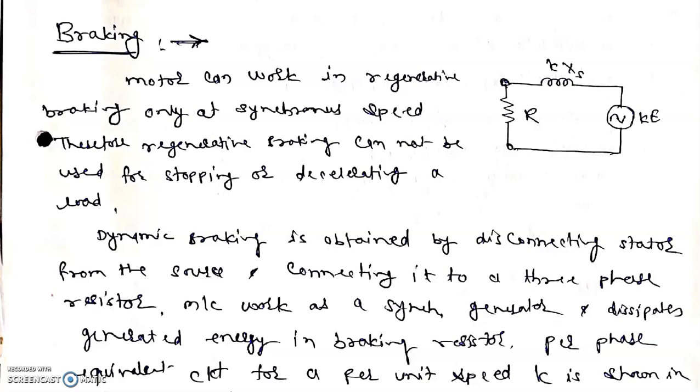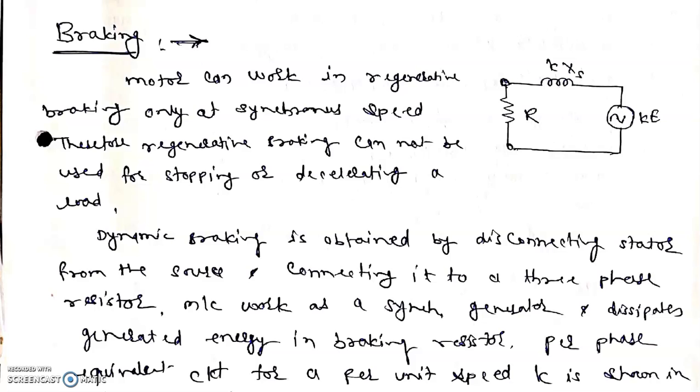So regenerative braking is not possible in the synchronous motor, because a synchronous motor can work only at synchronous speed, either as a motor or as a generator. Any reduction in speed results in loss of synchronism. So regenerative braking is not possible.